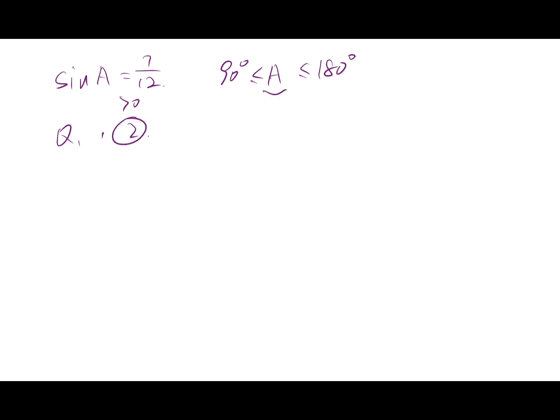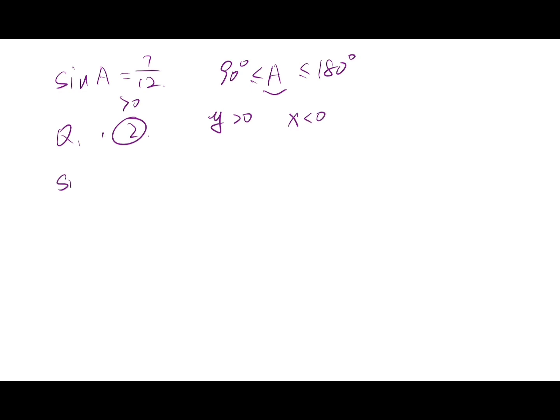Okay, last question. Sine A equals 7 over 12. So we know this is positive and in quadrant 1 or 2, and A is between 90 degrees and 180 degrees, so A is in quadrant 2, where y is positive and x is negative.